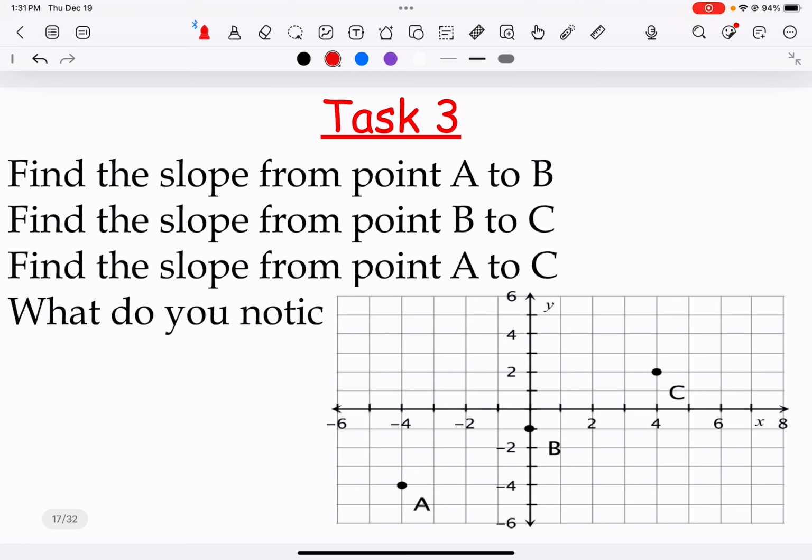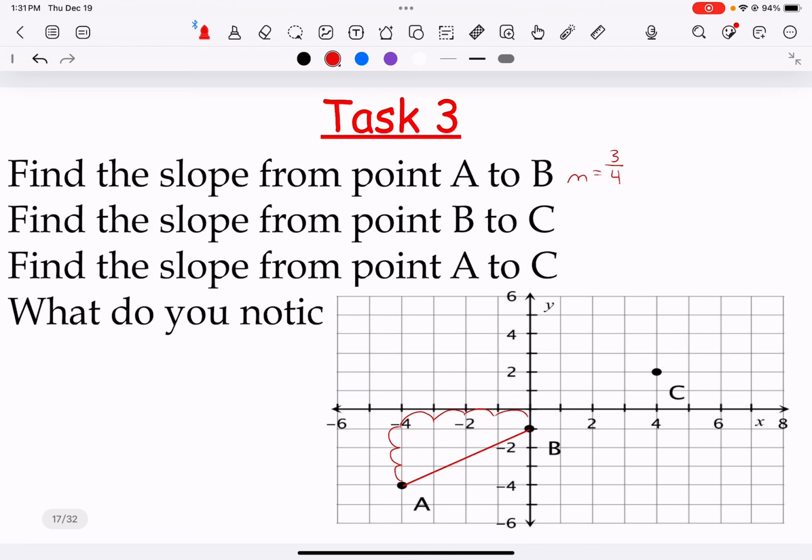I want to find the slope from A to B, B to C, and A to C, and then talk about what we notice. So let's do A to B first. A to B, I know is going to be a positive slope because it's going up from left to right. So I go up 1, 2, 3. So that's my rise, and my run is 1, 2, 3, 4.